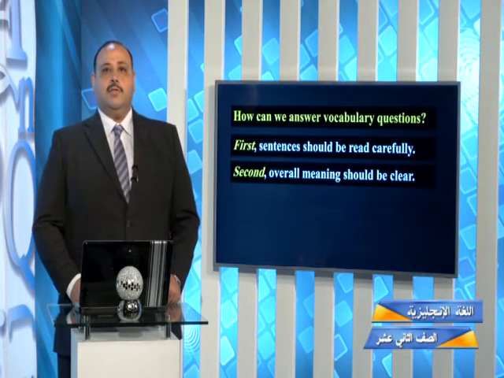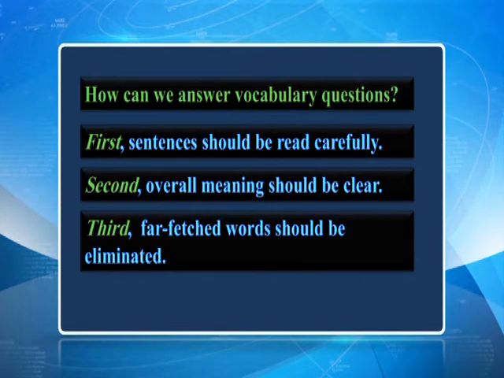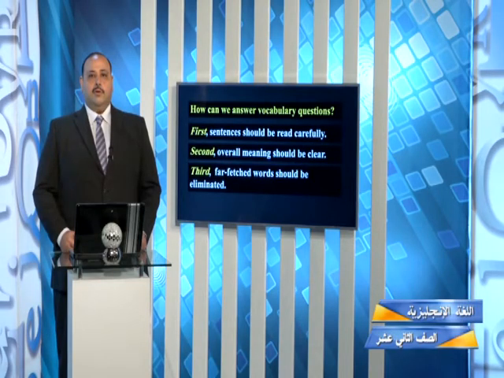For example, if the overall meaning is talking about technology, you cannot choose any word that is related to food. Okay, my third tip is related to some words that can be far-fetched. Now, these words cannot be suitable at all if you're going to choose a word that match the general meaning of the sentence.